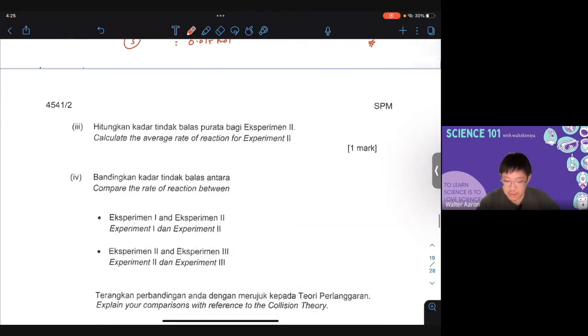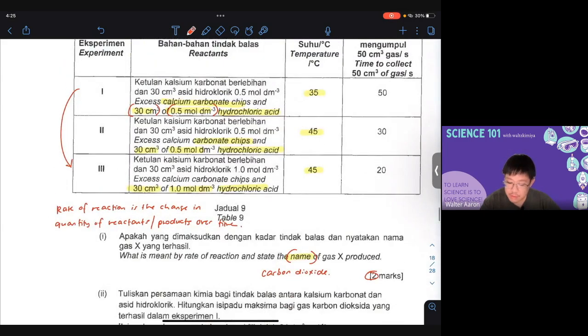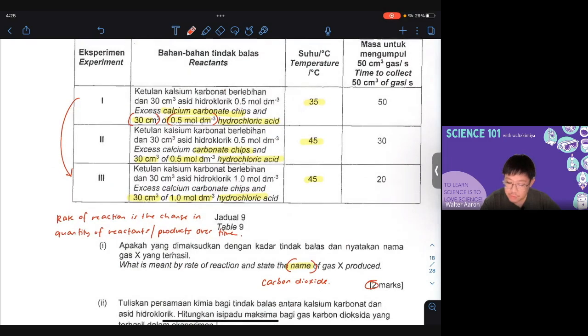Okay, calculate the average rate of reaction for experiment number 2. So the average rate of reaction for experiment 2 is total gas produced, 50 cm cube, in 30 seconds.